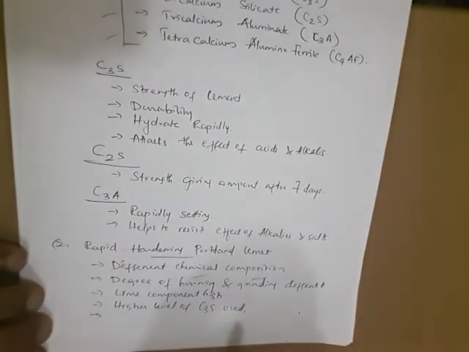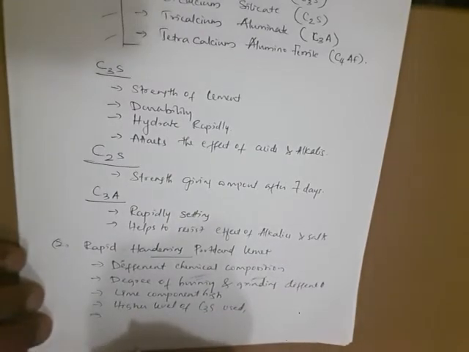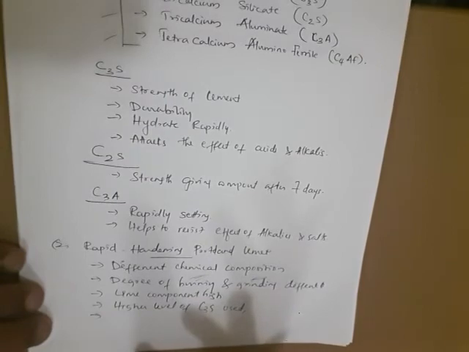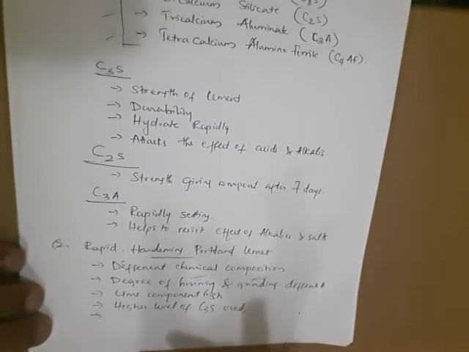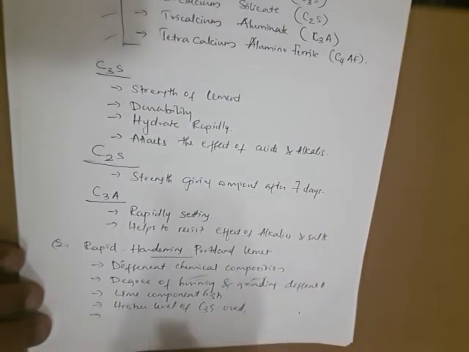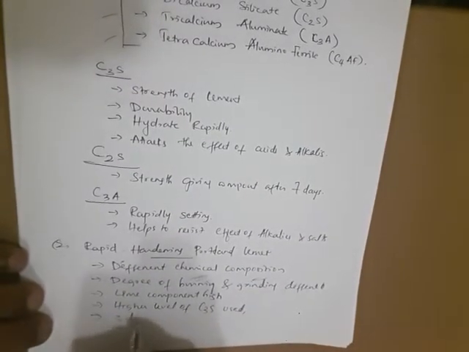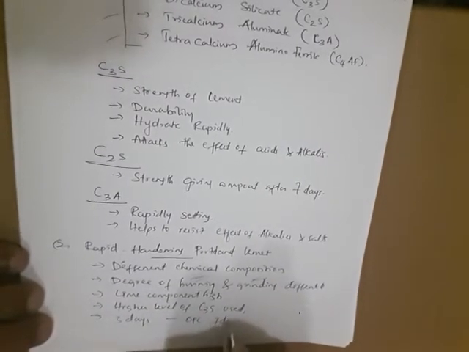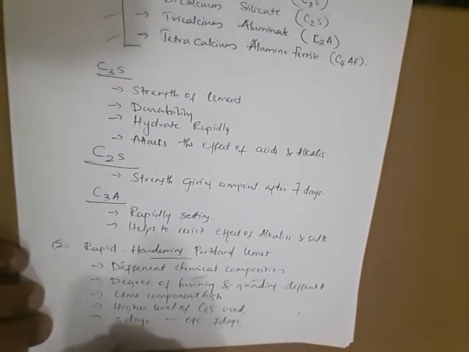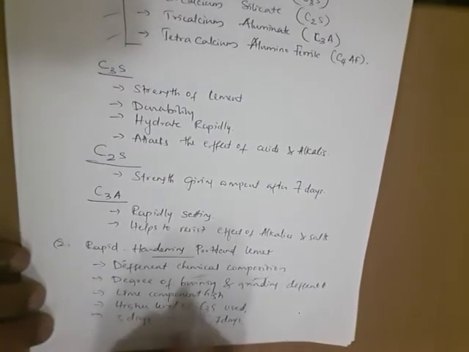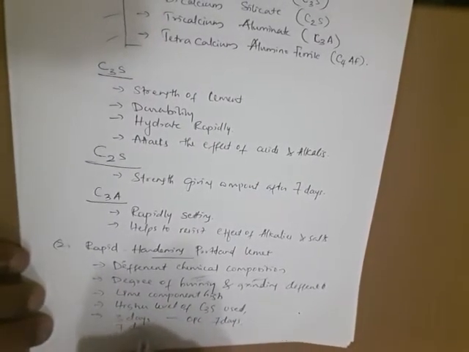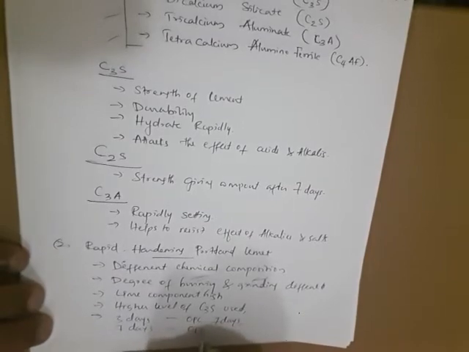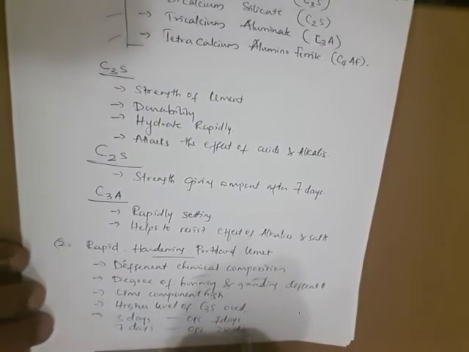this rapid hardening Portland cement gets the strength which OPC gets in 7 days in just 3 days. 3 days will get OPC's 7 days strength, and RHPC's 7 days strength will be OPC's 28 days strength.